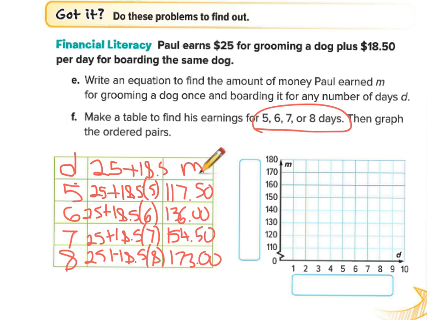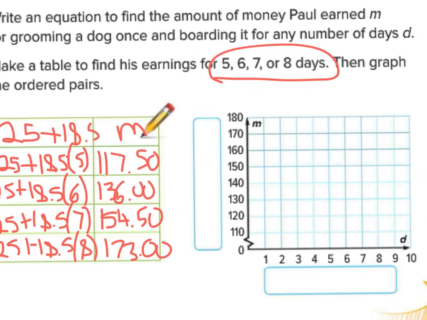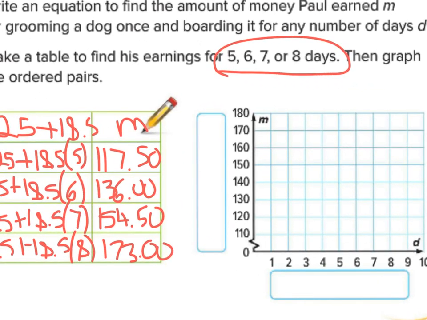Okay, now we've got to graph this. If I'm looking here at my graph, I'm going to zoom in a little bit. For 5 days, which is down here along the days, I should label this days, and over here is total earnings in dollars.